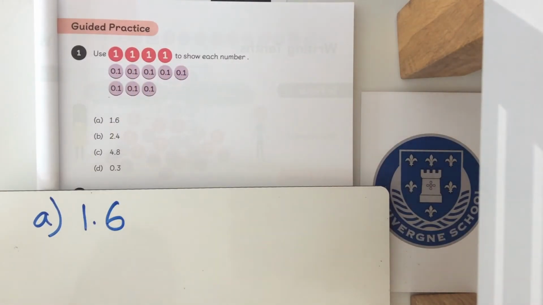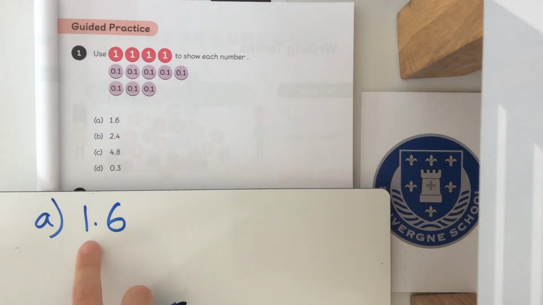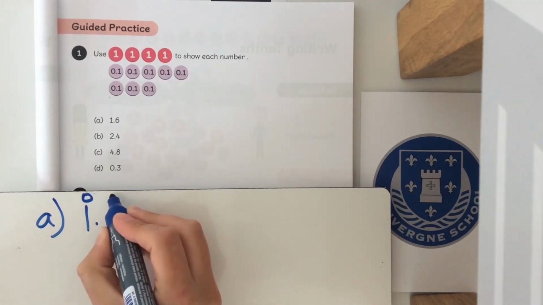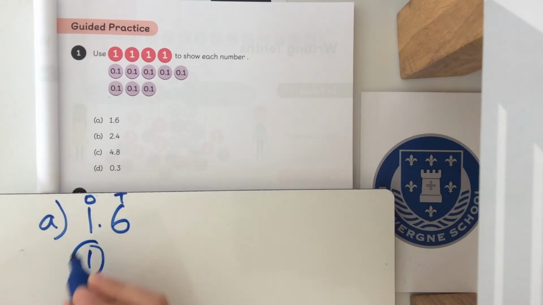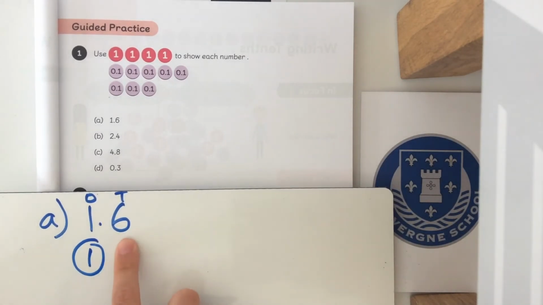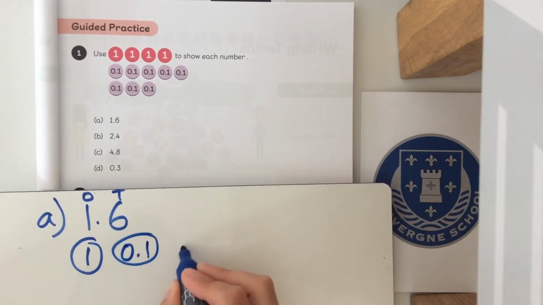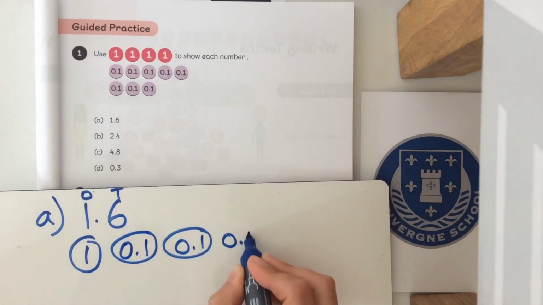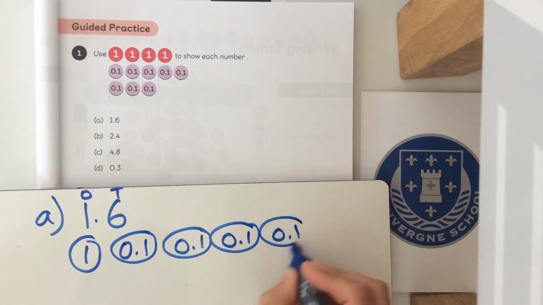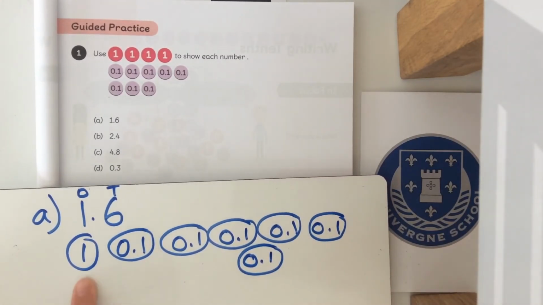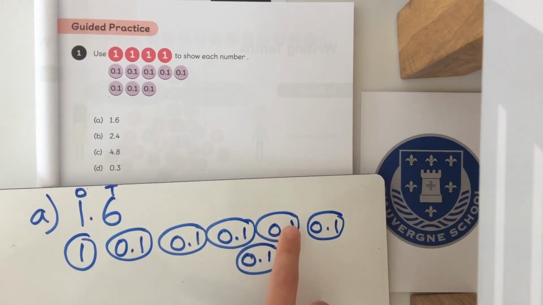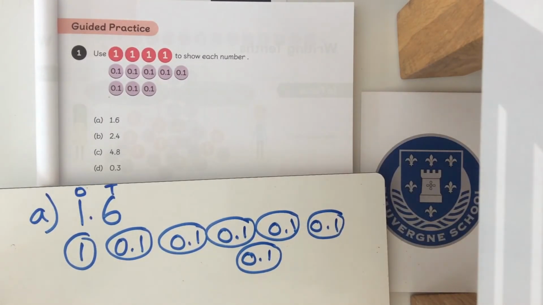Okay, so how many of the 1 number discs do we need? If it helps, put in your place value columns. Okay, so you would need 1 disc, and how many 10th discs? 1, 2, 3, 4, 5, 6. Okay, so that shows me 1 whole and 6 tenths.